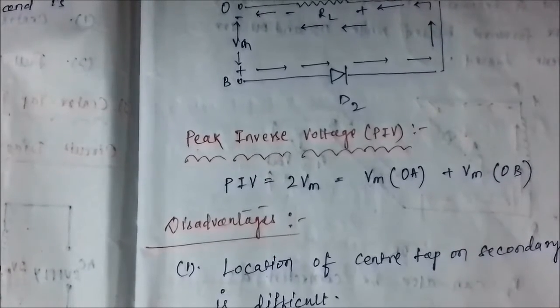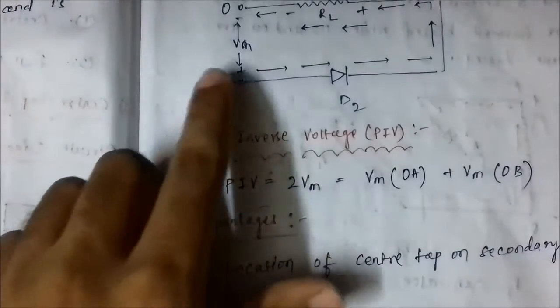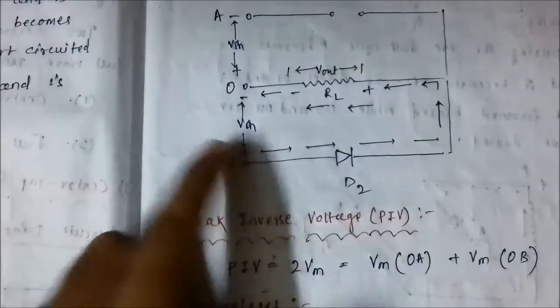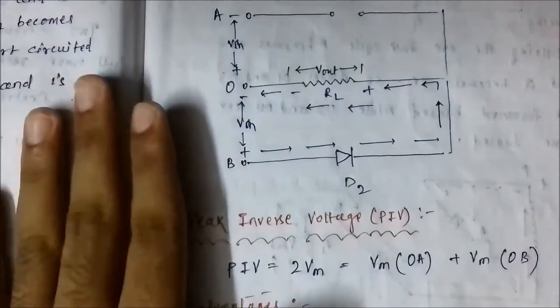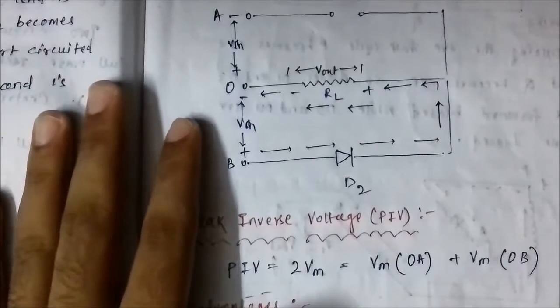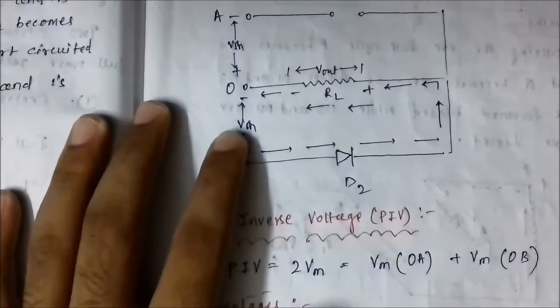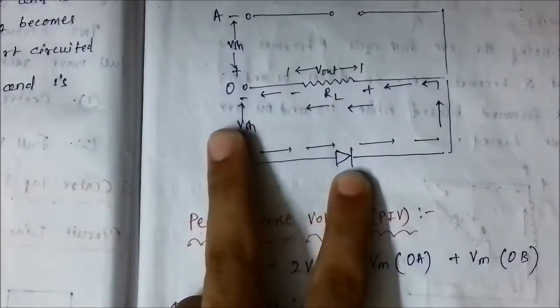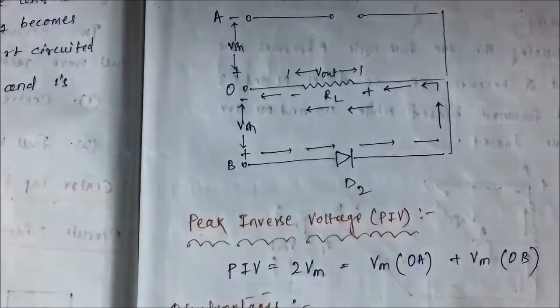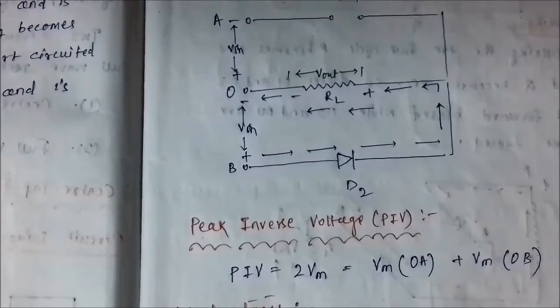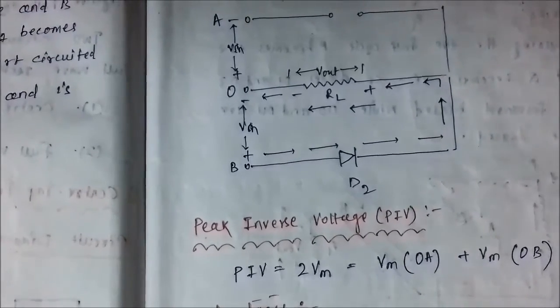Now in this case the output is low, as each diode is subjected to only half of the voltage which appears across the primary winding. The voltage which is fed to the primary winding is 2 Vm, but what we get here is Vm only. One diode is subjected to only half of the input voltage. So consequently the efficiency is low, as half of the voltage is fed to each diode during its on state. So this is a disadvantage.